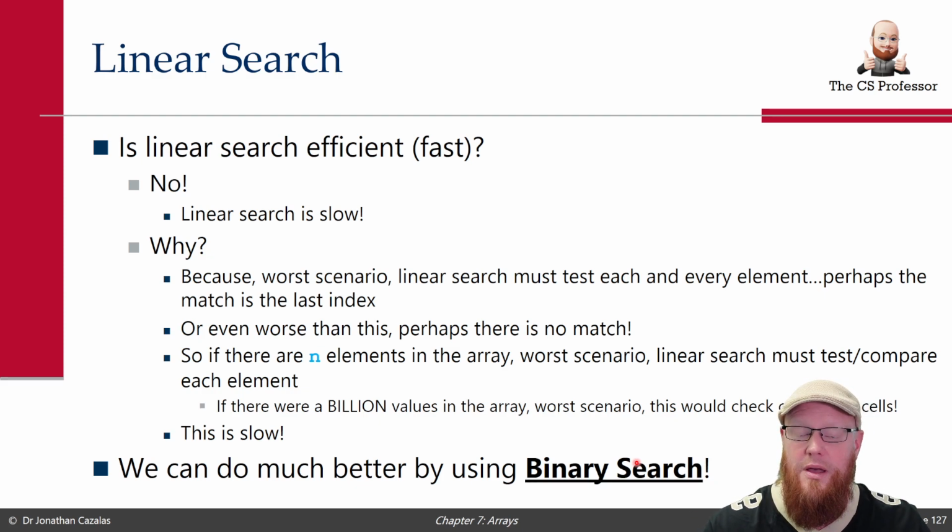Now, I'll tell you, if the array is not sorted, this is the best you can get. You can't get faster than that. Worst scenario, you must look over or through all values in the array.